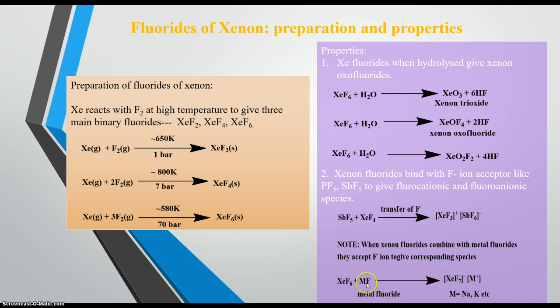That means one fluoride ion is transferred from MF to XeF6. XeF6 takes up that fluoride ion and forms XeF7-, and at the same time MF gives up the fluoride ion and becomes M+, where M stands for any metal like sodium, potassium, etc.